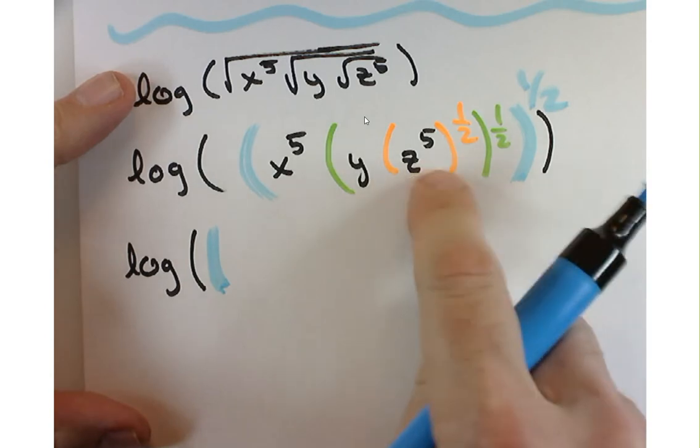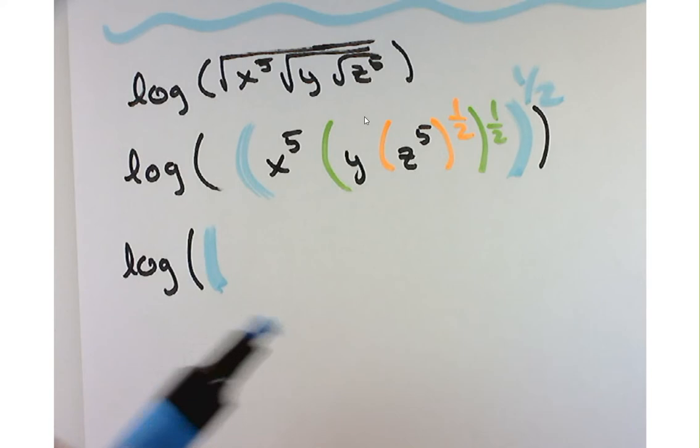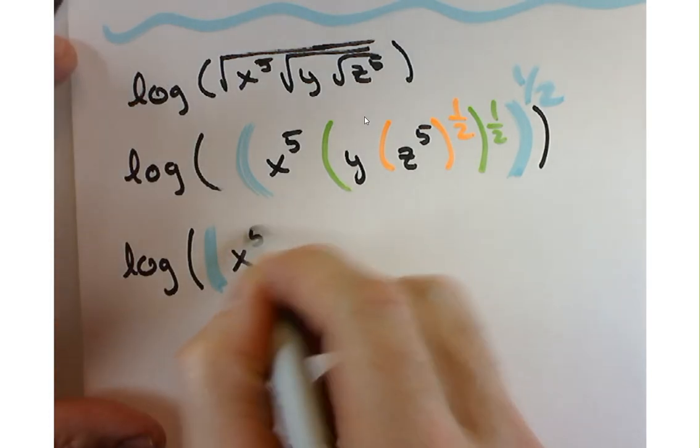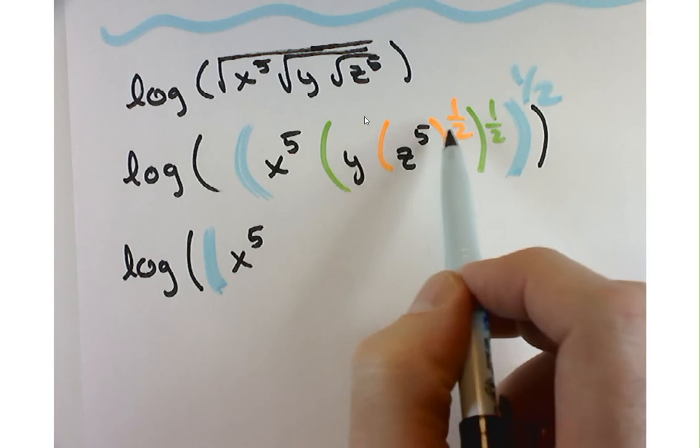Let's get rid of the parentheses here. What is the 1/2 going to do to the exponent term there? These exponents, do they add, subtract, multiply, or divide?